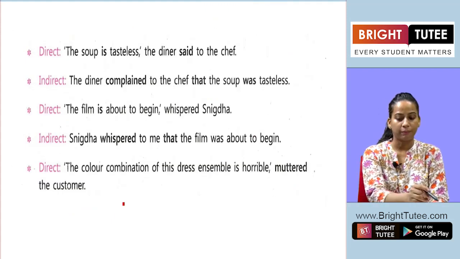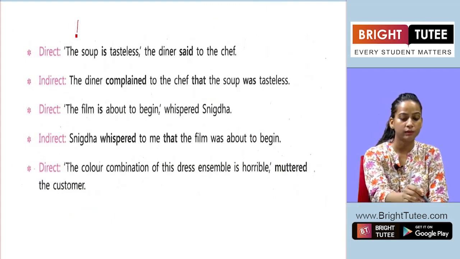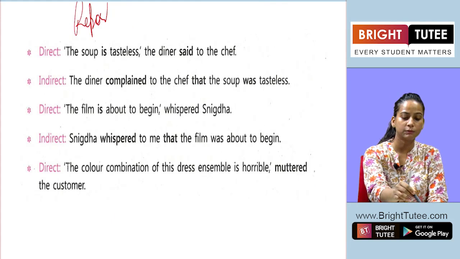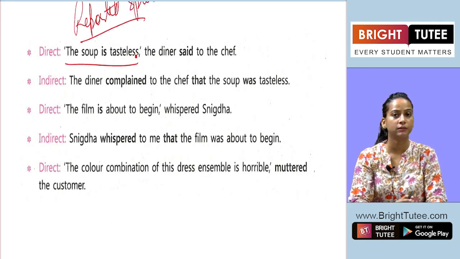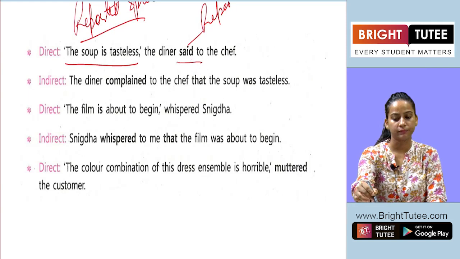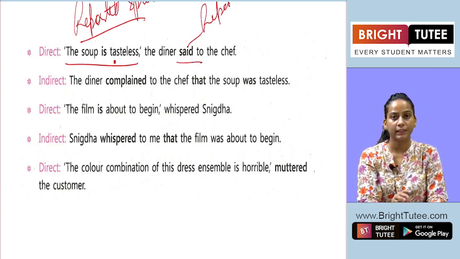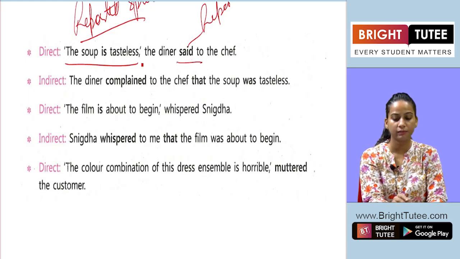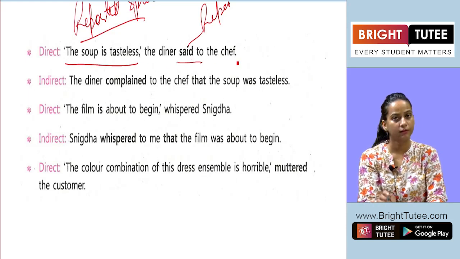Another example, here the reported speech is given first. You can see this reported speech in inverted commas is given first, and later on they have mentioned the reporting verb. Clear? So now we have to see, the soup is tasteless, the diner said to the chef.